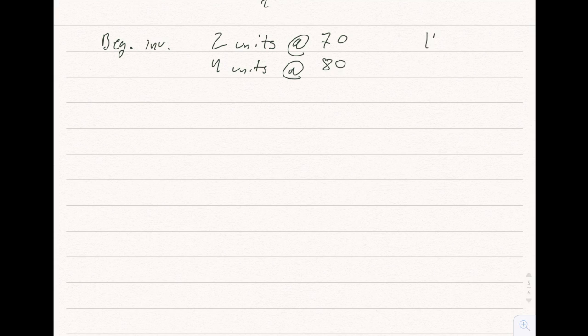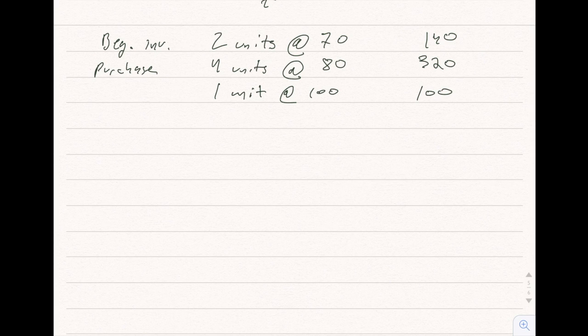So again, beginning inventory, so you started with 2 units at 70, and 4 units that you paid 80. So 140, 320. Sorry about that. This is actually going to be purchase, as is, so just like before, as is 1 unit at 100.